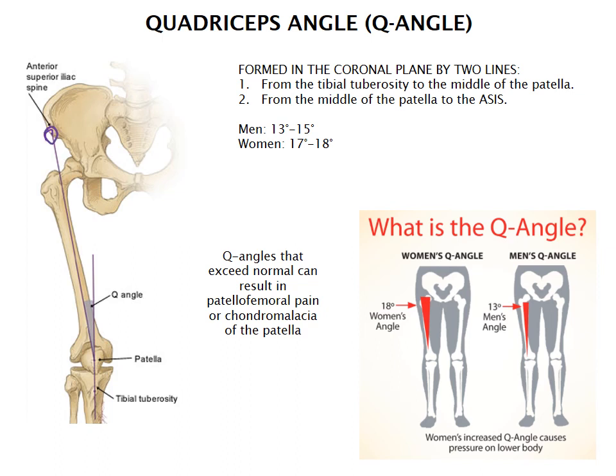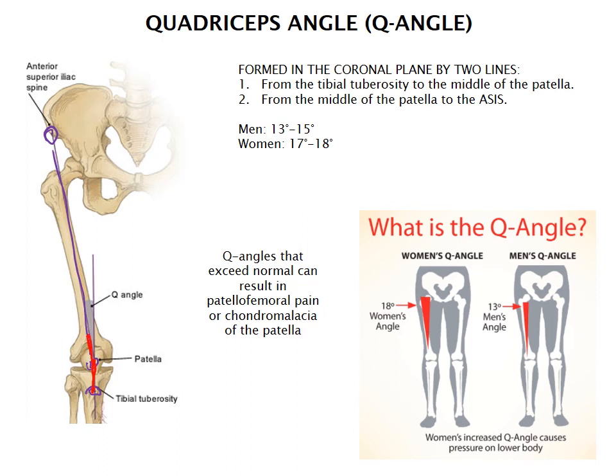We take a point on the ASIS, take the midpoint of the patella, and we draw a line between the two. And then we take that same point on the patella, and we take a point on the peak of the tibial tuberosity, and we draw a line there. Here we go. And so we can measure that angle.